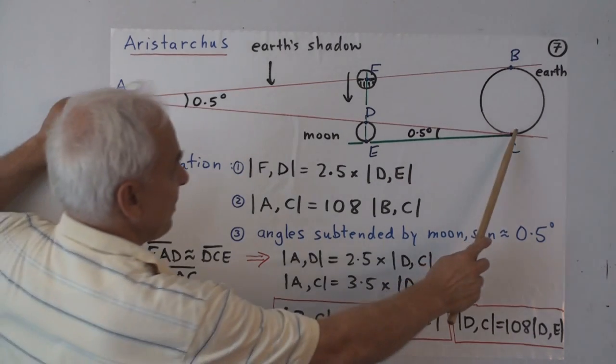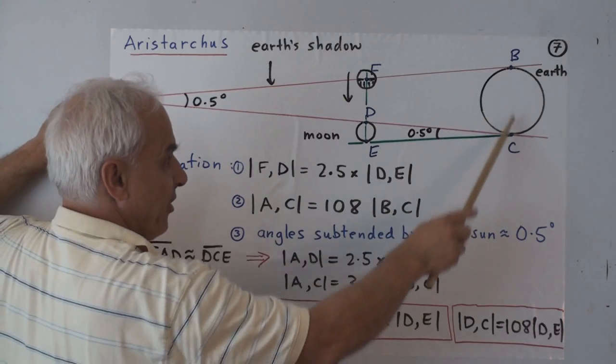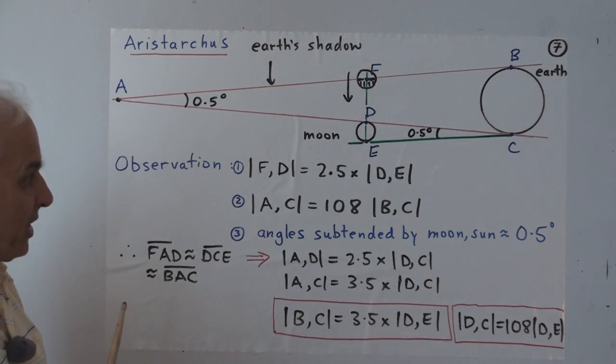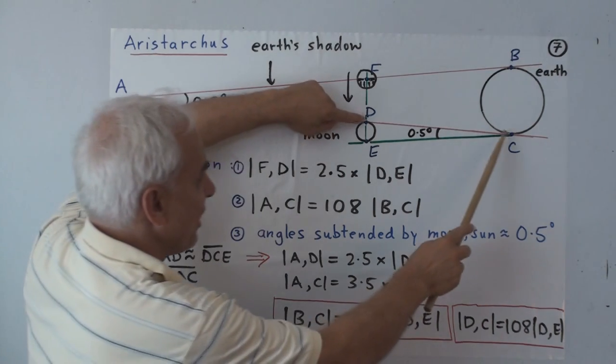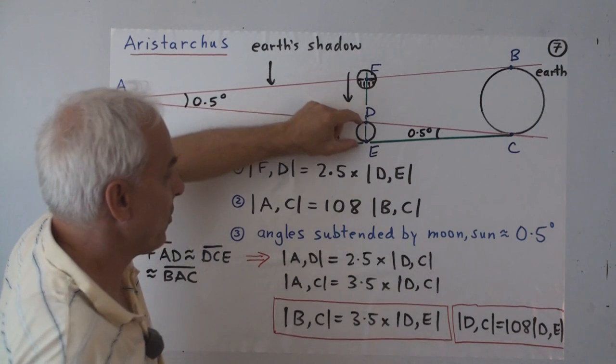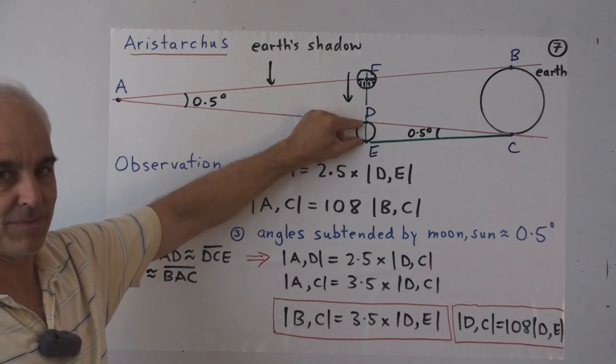And since we know that this entire distance is 108 times the diameter of the Earth, we can deduce that this distance from the Earth to the moon is 108 times the diameter of the moon.